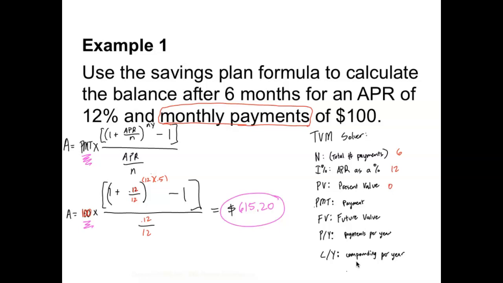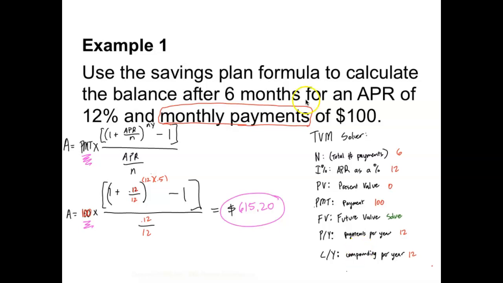The payment amount is 100. I'm making $100 deposits. The future value, this is the thing that I'm going to solve for. Payments per year. We're making monthly deposits, so that's 12. And compounding per year should always match this, okay? So we're going to assume that the savings account is compounding monthly. So I'm also going to put 12.